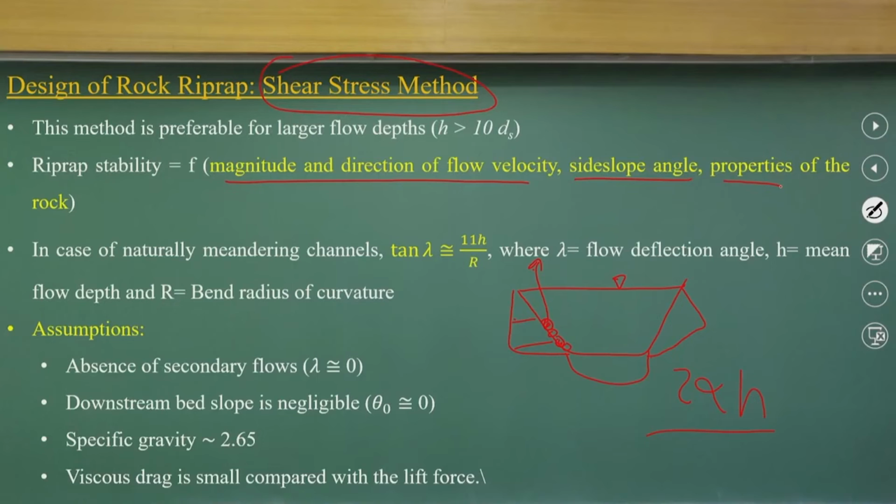And if you have meanders, there will be deflection angles which are a function of H by R, where H is the flow depth and R is the radius of curvature for natural meanders. You can additionally consider, because of meandering, the stability of this stone, which earlier we defined as particle stability.